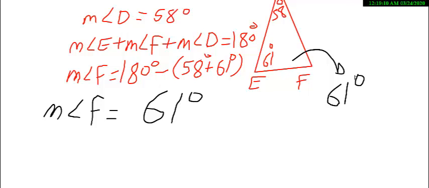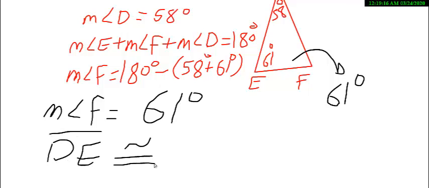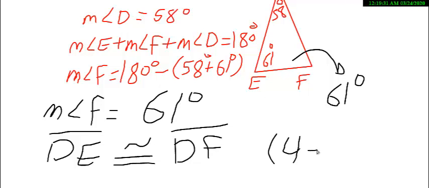So I can say that segment DE is congruent to segment DF by the theorem which we had before, according to the definition of the isosceles triangle, which is theorem 4-3. Theorem 4-3. And this will complete the answer for the first example.